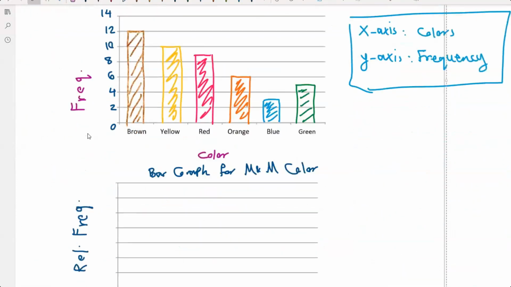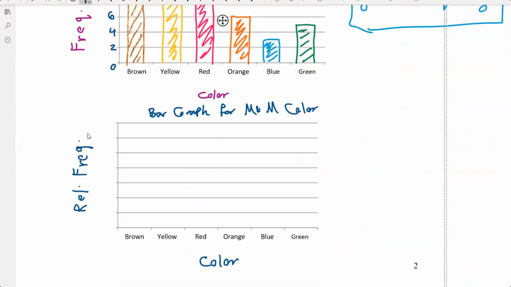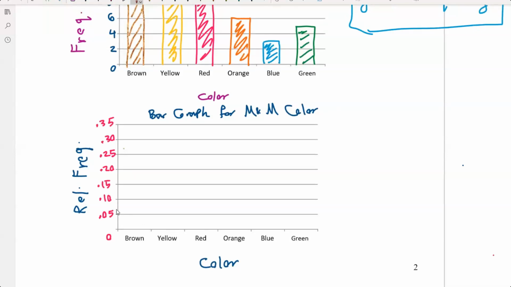And I'm going to start from 0 again. So here is 0. Since we have 7%, yeah, we have 0.07. That's why here I'm going to use 0.05 and 0.10, 0.15, 0.20.